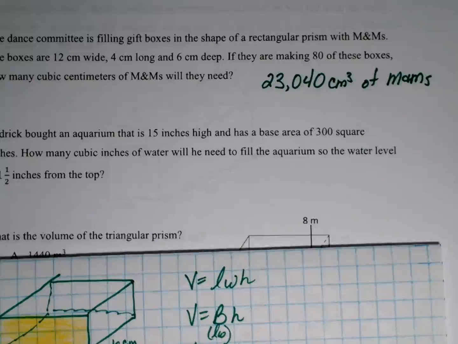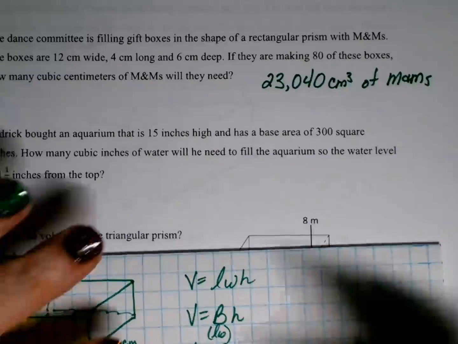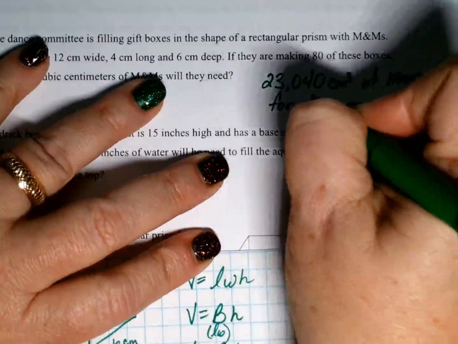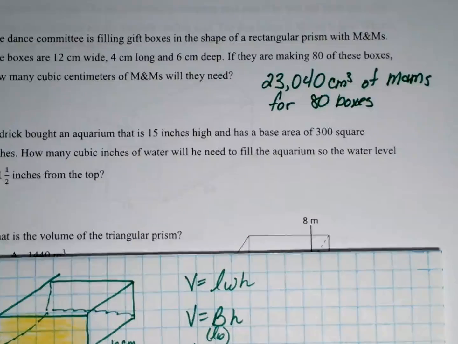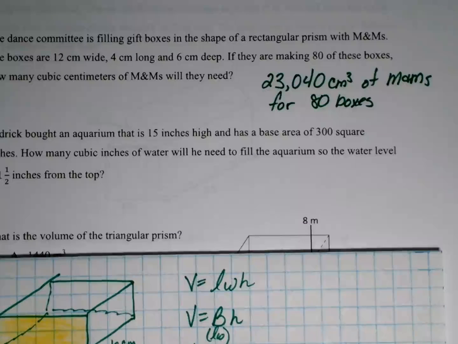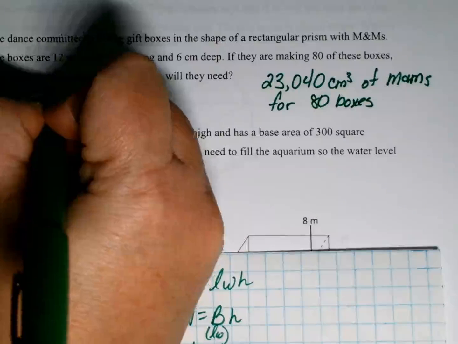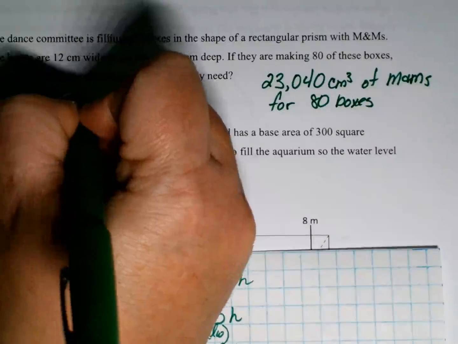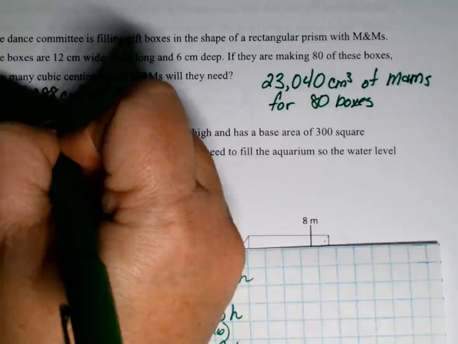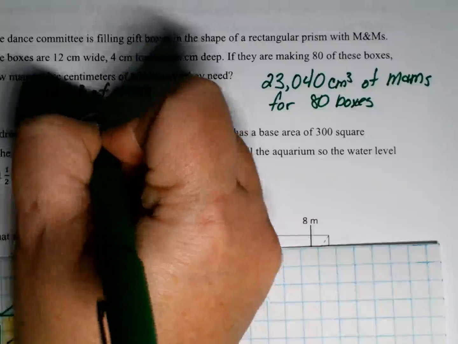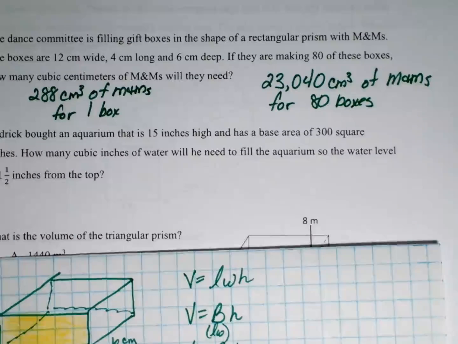You could do it that way. How's that? I could even write over here that they need 288 cubic centimeters of M&Ms for one box.